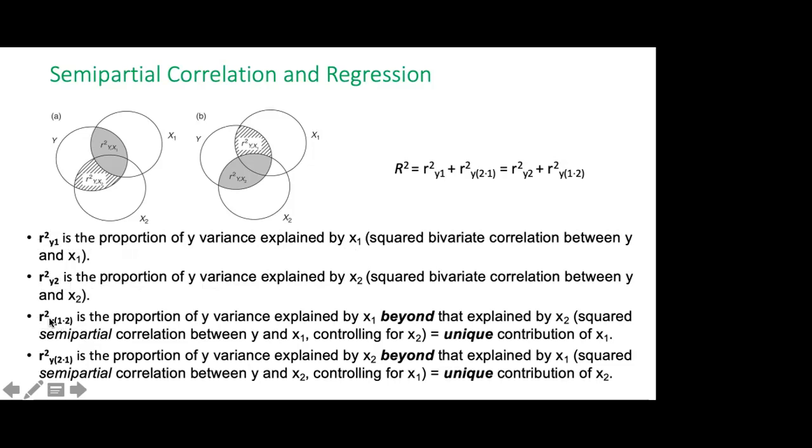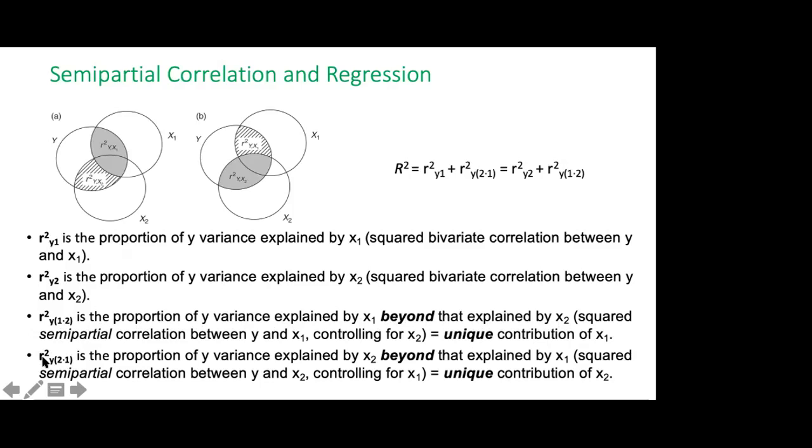And the squared semi-partial correlation between our outcome variable and the first predictor is the proportion of the y variance explained by x1, the first predictor, beyond the variance that is already explained by the second one. It is a unique contribution of x1 to the outcome.